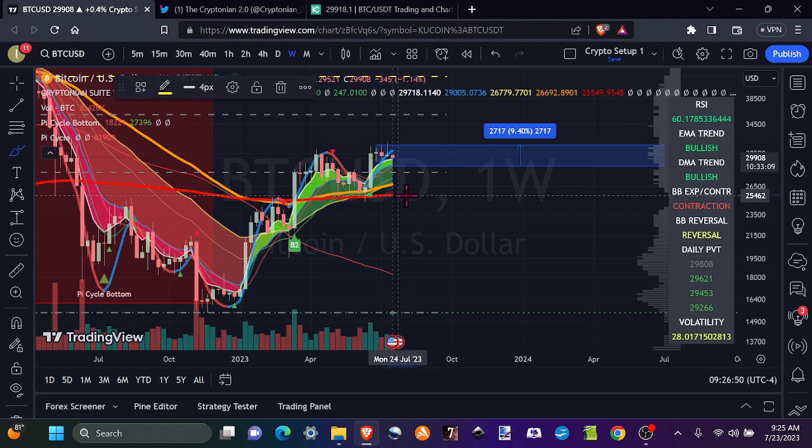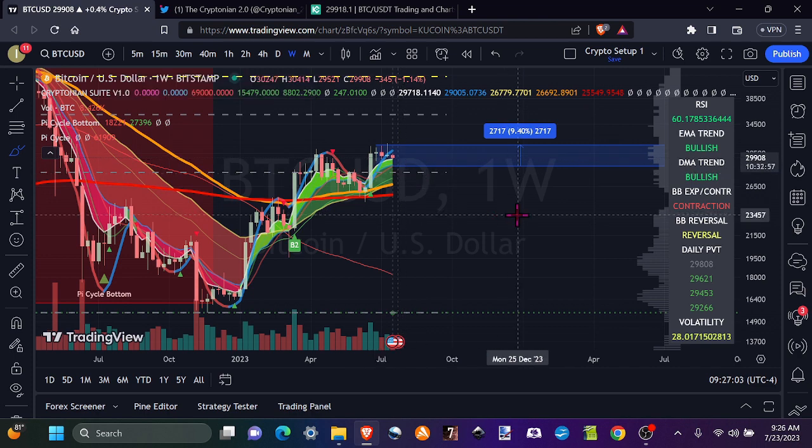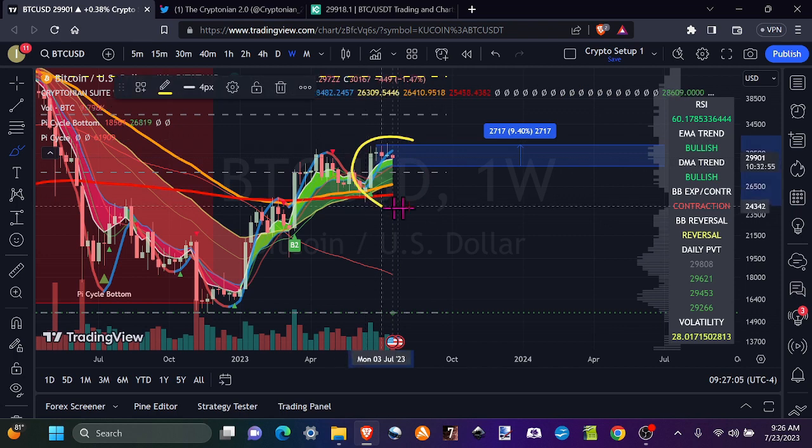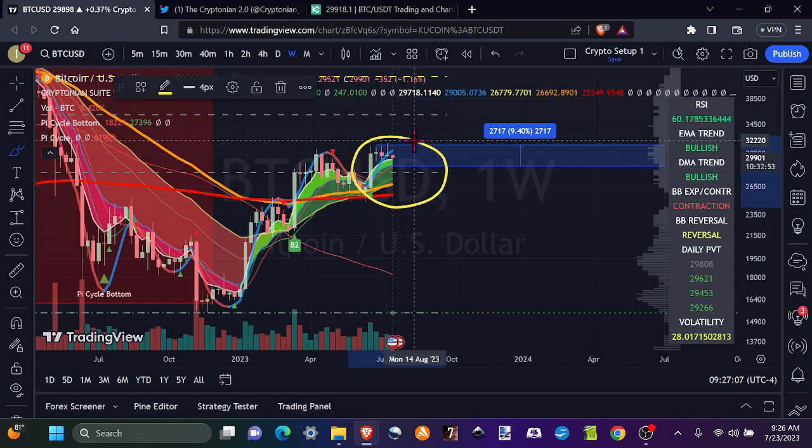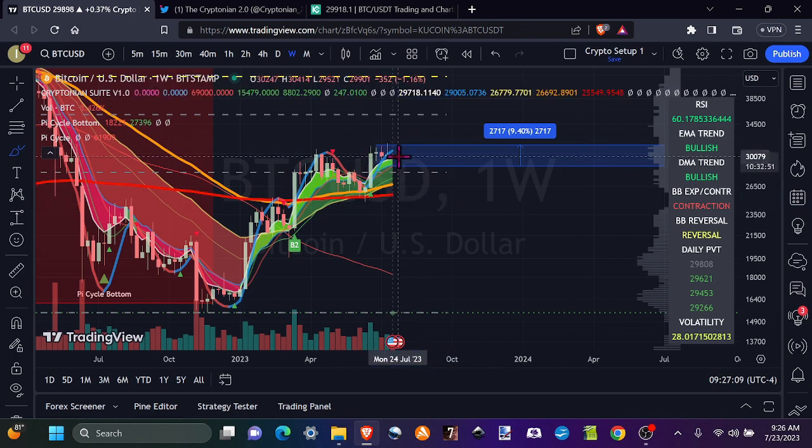And then here we have the 200, which is not far behind, 25,600, right? So if we had any type of meaningful pullback here, statistically speaking, that would be an opportunity for a buy, right? As long as the trend is not broken.